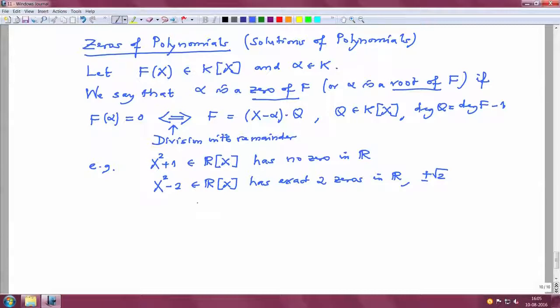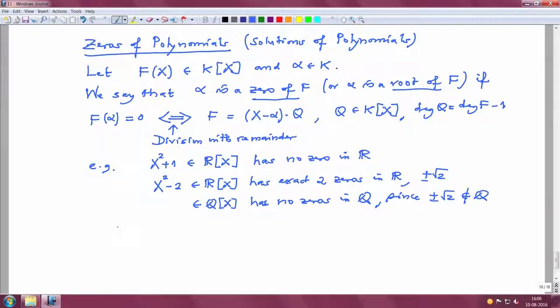Whereas, the same polynomial, if you think of it as a polynomial with rational coefficients, has no zeros in Q, because the zeros are precisely plus minus root 2 and they are not rational numbers. Therefore, when one talks about roots etc., one needs to specify the field more carefully.